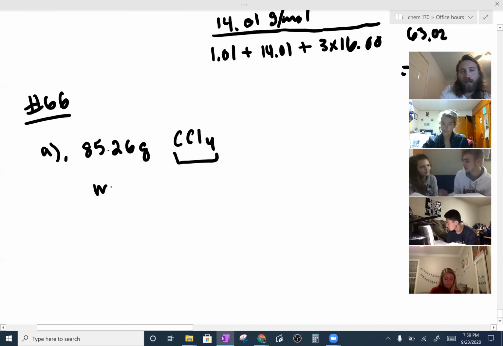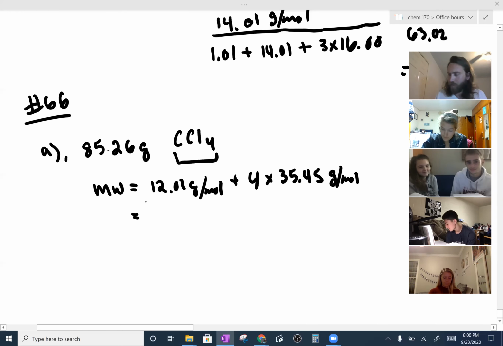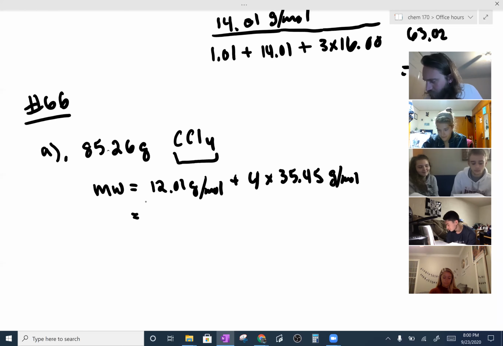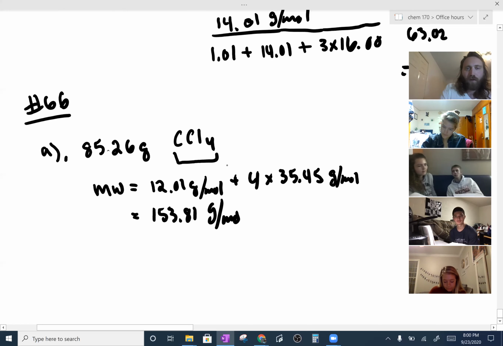So the molecular weight or formula weight would be 12.01 grams per mole plus 4 times 35.45 grams per mole. And we end up with 153.81 grams per mole.